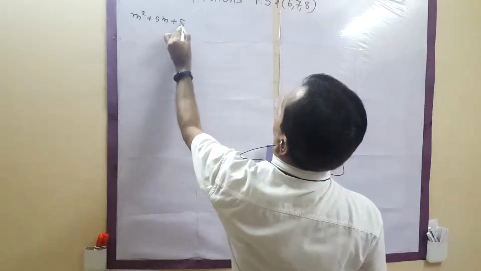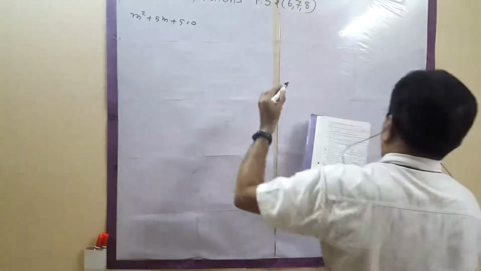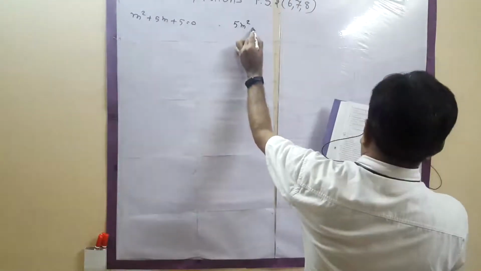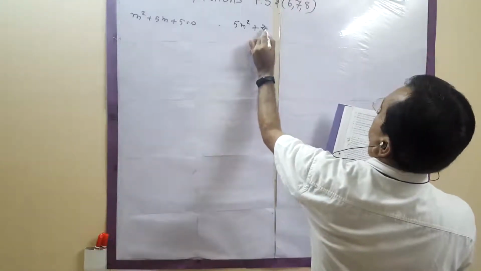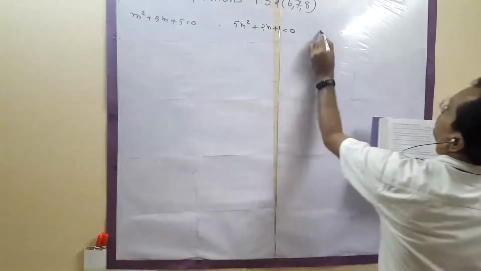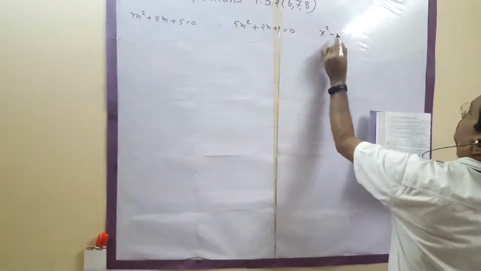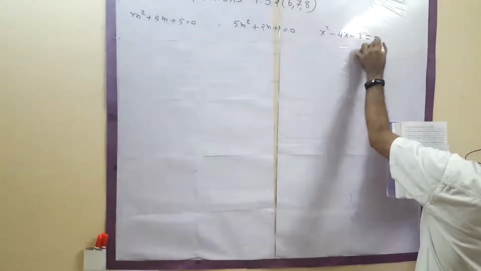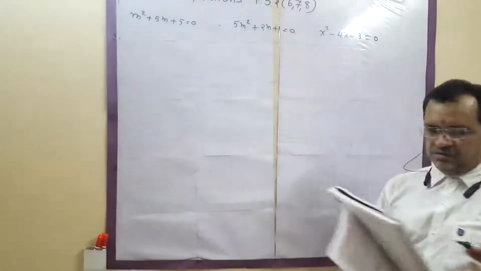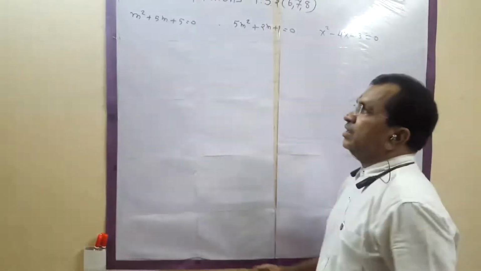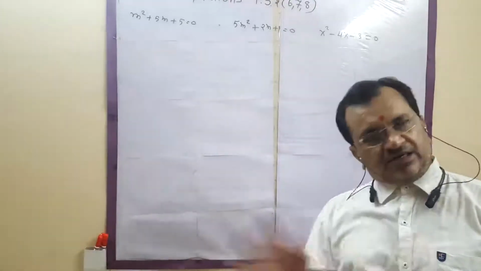5m square plus 2m plus 1 is equal to 0. From 5 to 5, factor not possible.